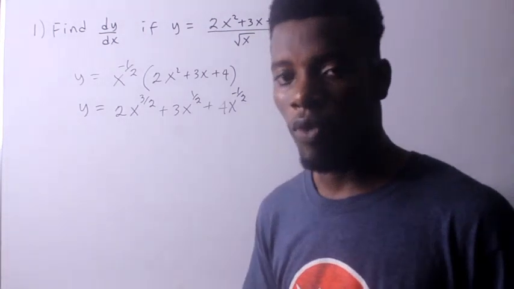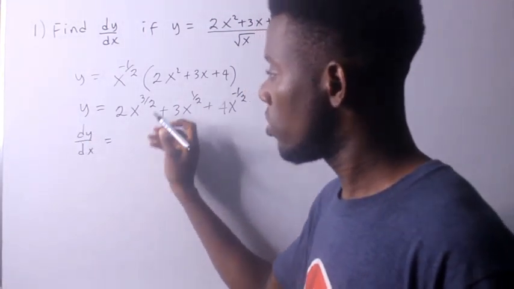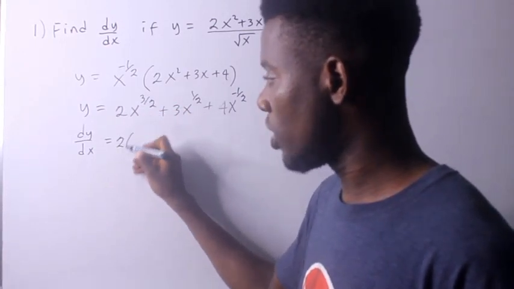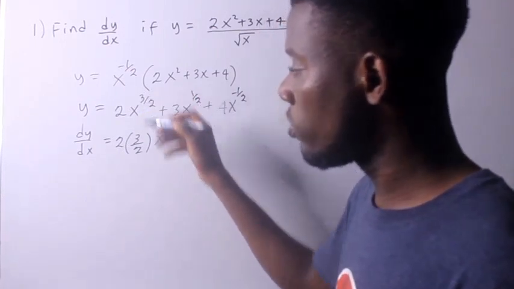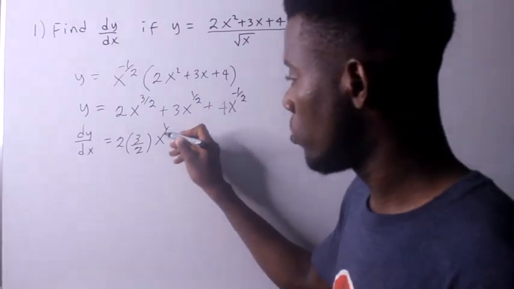What is the derivative of y? That's dy over dx equals to, find the derivative of this, we multiply the power by the coefficient. So it's 2 times 3 over 2. Rewrite this x and subtract 1 from 3 over 2. So 3 over 2 minus 1 is just 1 over 2.